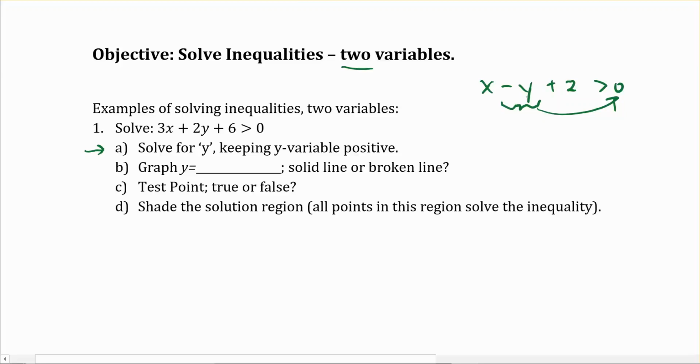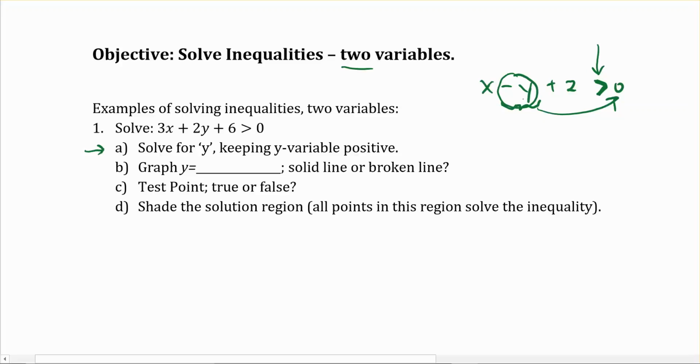You don't want to wait till the end and then divide by negative 1, because that ends up messing up our symbol. You'd have to switch it for a less than symbol. It's a lot simpler if we just take this term to begin with, keep it positive, and then we can keep this symbol pointed the same direction. So step number one, move y to the other side if it's negative.